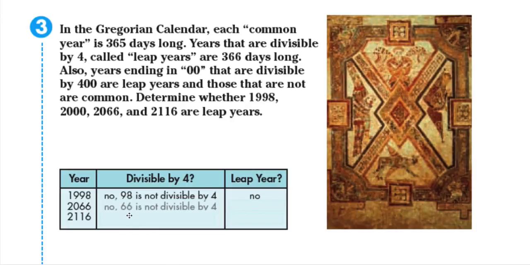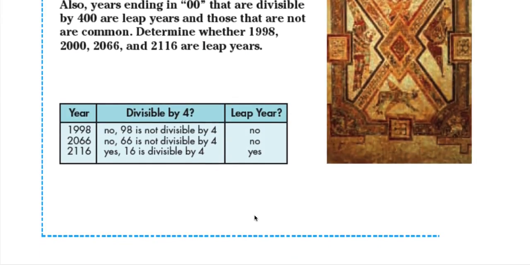2066. Okay, again, 66 is not divisible by 4, so again, this is not a leap year. And if you look at 2116, let's take a look at the last two digits, which is 16. Is it divisible by 4? Therefore, that is a leap year. Okay, and let's take a look at the last one, the year 2000.